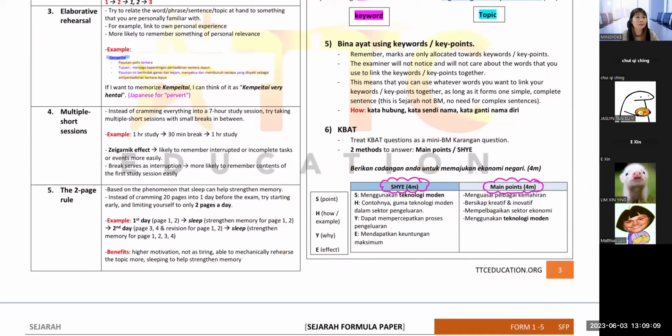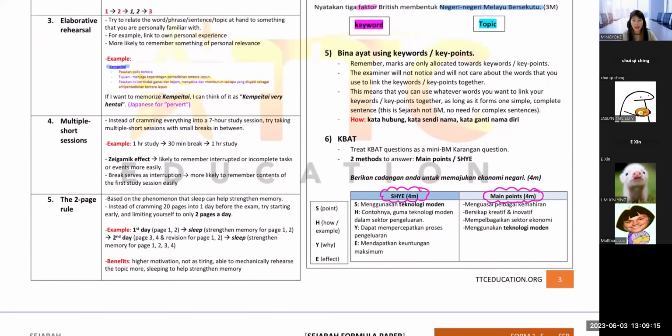Under this case, it's like fact, explanation, example, and inference. So KBAT actually has 2 ways of answering, guys.